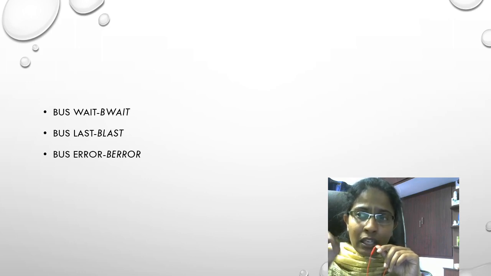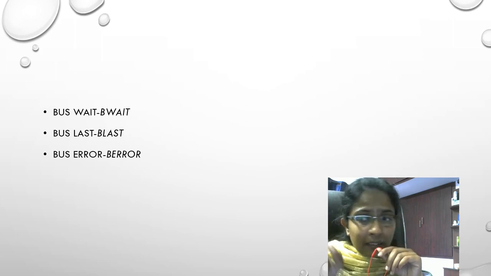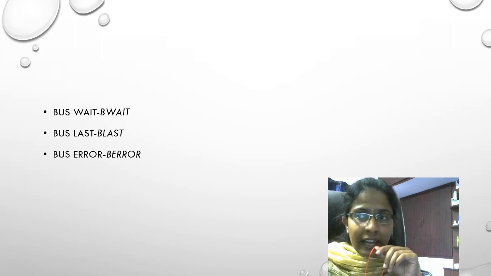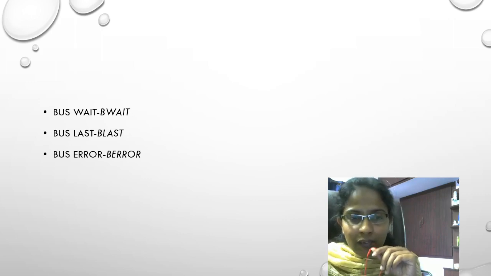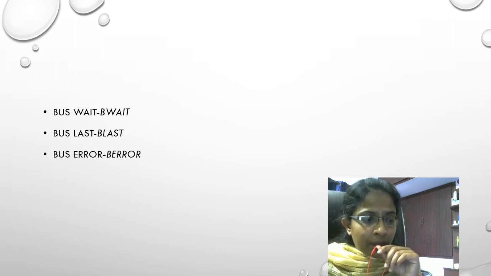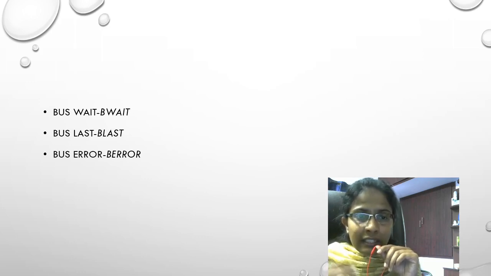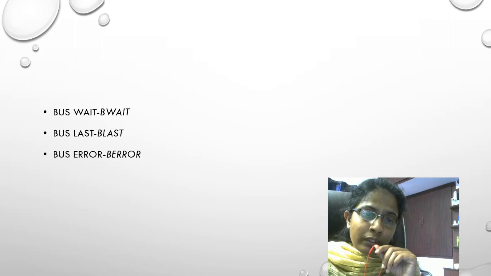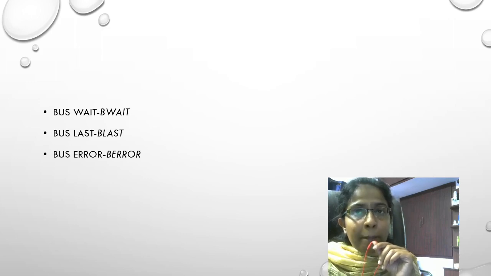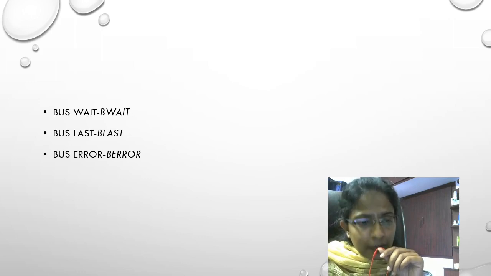The master will initiate a new transaction of the bus, the burst mode currently happening will be terminated, and the bus master will ask for a new request. At that time the bus last signal is given. And bus error: whenever the requested transaction is not completed, a bus error happens. So all these are related to the bus transfer signals which happen in the AMBA bus architecture.